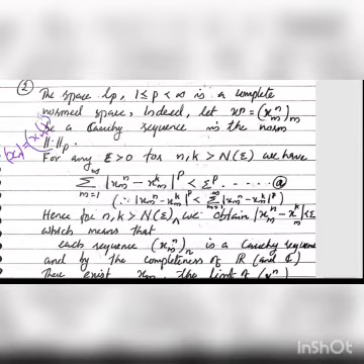Now the fact is that each x_nj converges to some x_j.